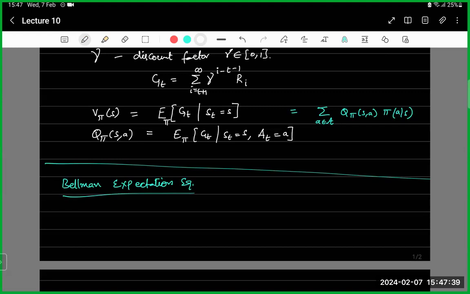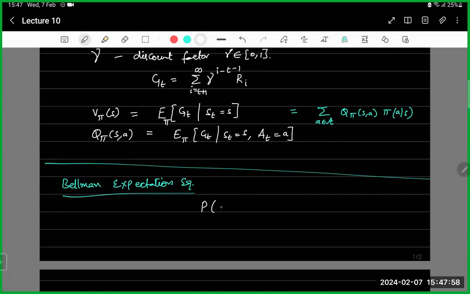I'll define a few notations which will be useful for us to define this Bellman expectation equation. We assume that we know the dynamics of the MDP while doing this. What do we mean by knowing the dynamics of the MDP?